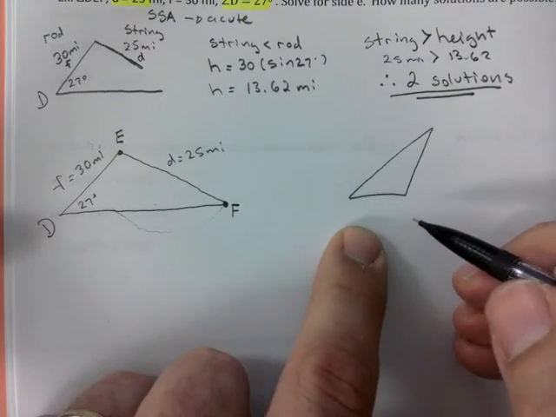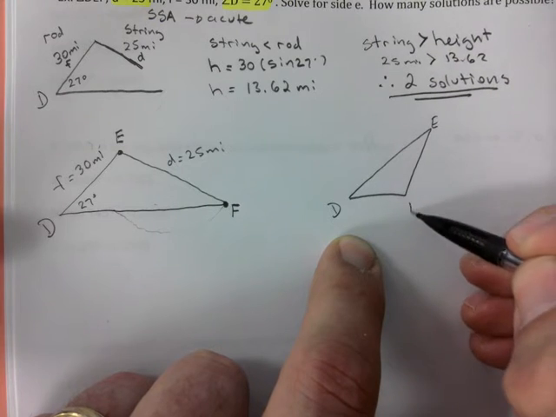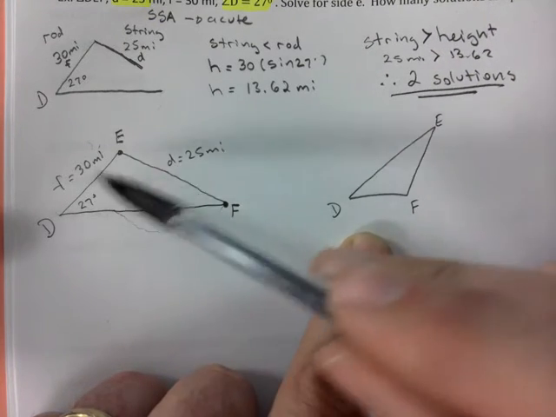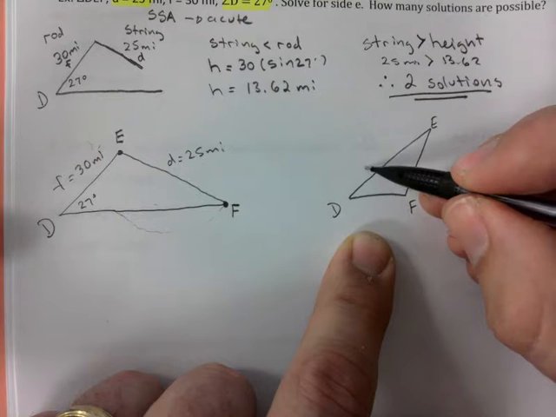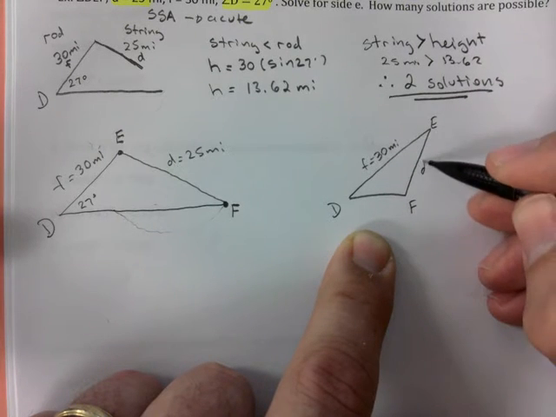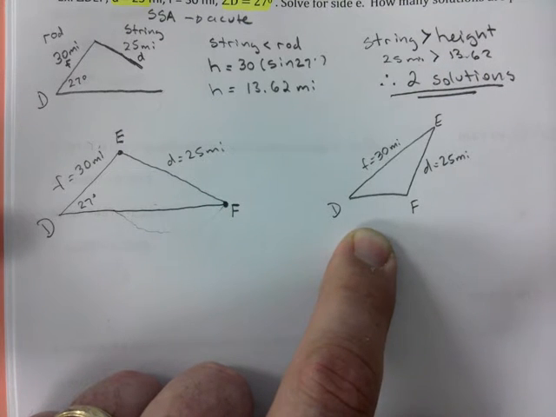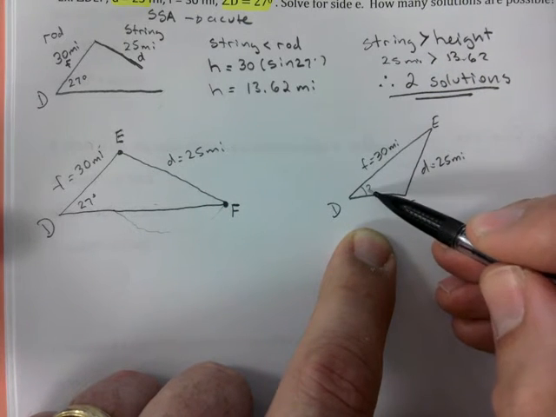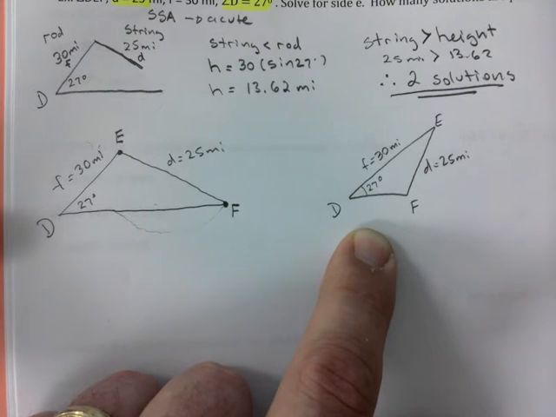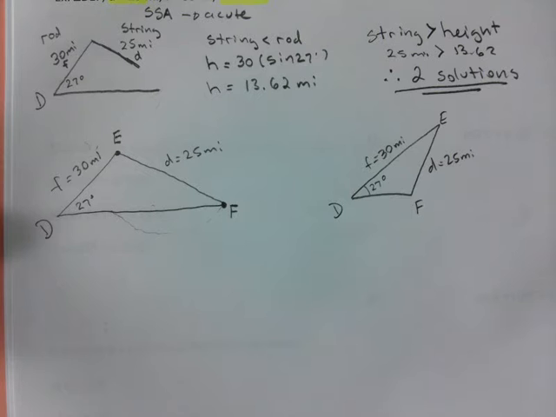So we go D, E, F, same angles, right? And F is 30 miles. That has never changed. So the three things that you're given off the bat never change. Make sure you have those two side by side.